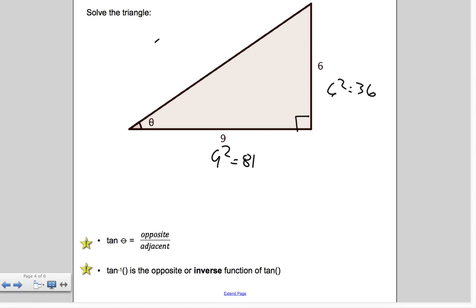So here we have 9 squared plus 6 squared is equal to 81 plus 36. What is that? 117. So we need the square root of that. So that length is the square root of 117.